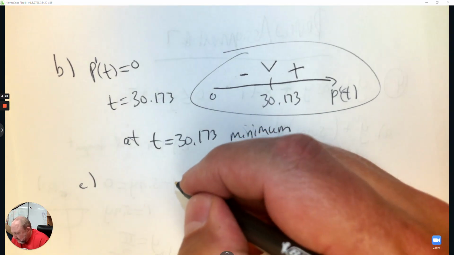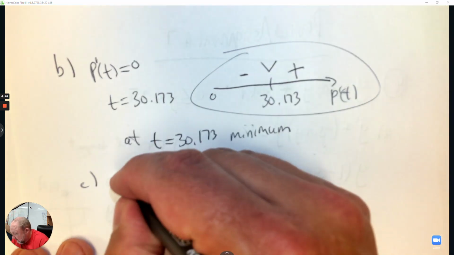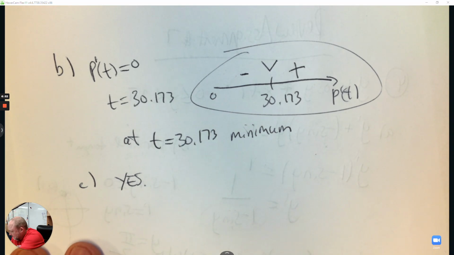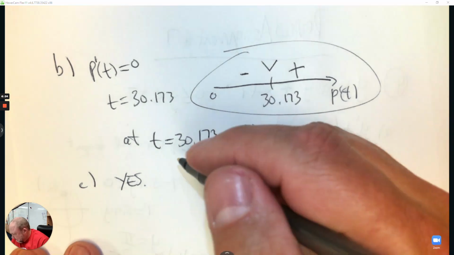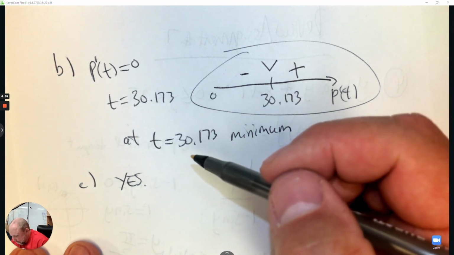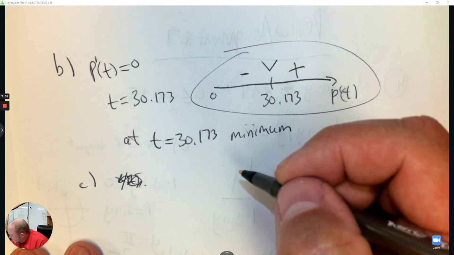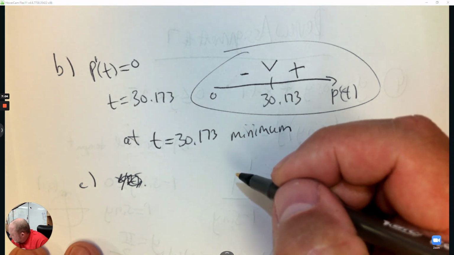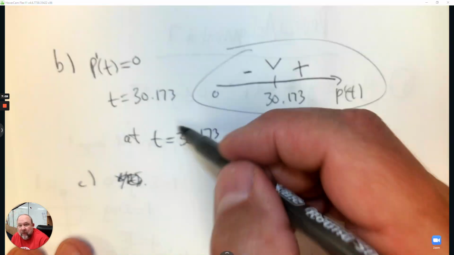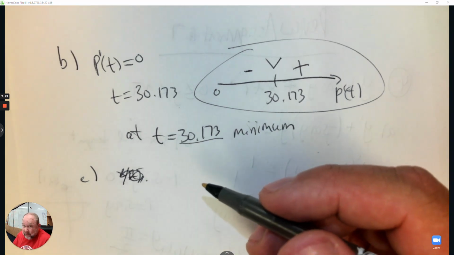Part C. Is the lake safe when the number of gallons of pollutant is at its minimum? Yes, because it's safe when it's 40 or less. Oh, that's the rate. So, if I want to know at this value how much there is, we actually have to integrate the rate.